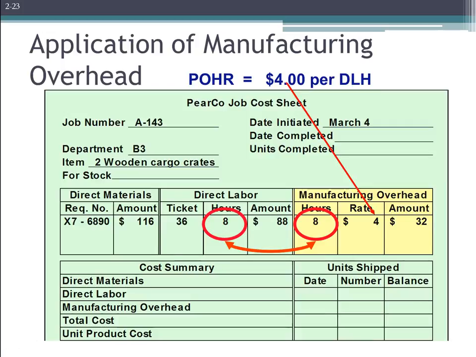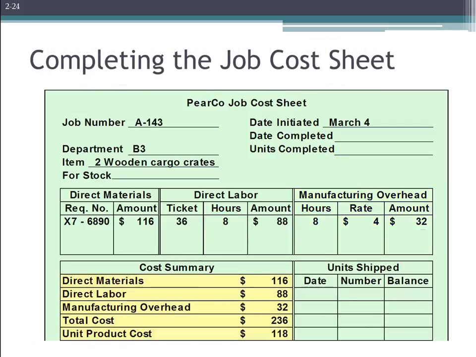There are literally an infinite number of costs that we cannot come up with, but these are just a few examples, and the book gives them as well. So now if you take all of these amounts and add them up, what you've got here is your direct materials, your direct labor, your manufacturing overhead. Add those up, that's the total cost, and of course we built 2 crates, so each crate ended up costing us $118.